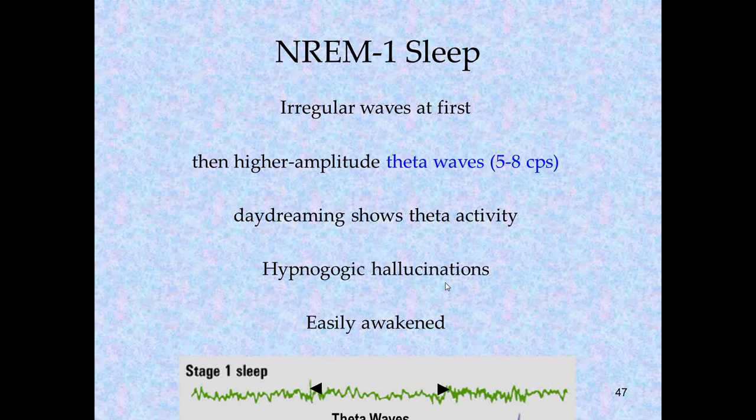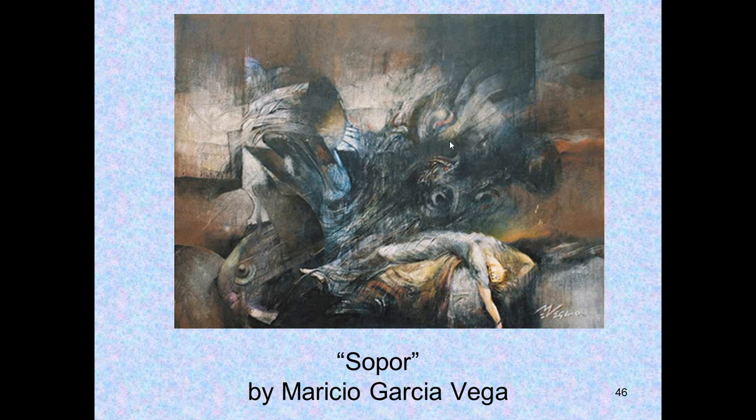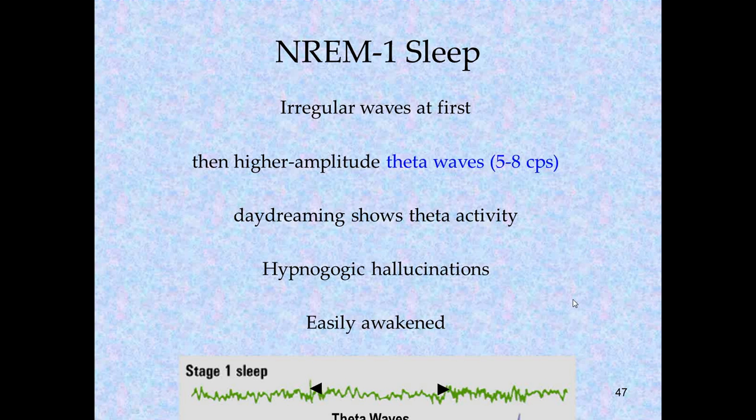They might hear various sounds or maybe even a voice speaking. They might have visual hallucinations like you see on this artwork here by Mauricio Garza Vega. So these hypnagogic hallucinations are perfectly normal if they go away when the person is actually awakened.